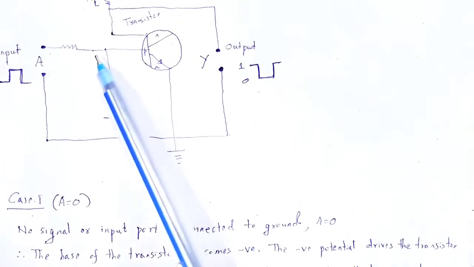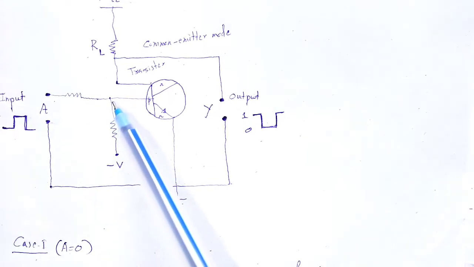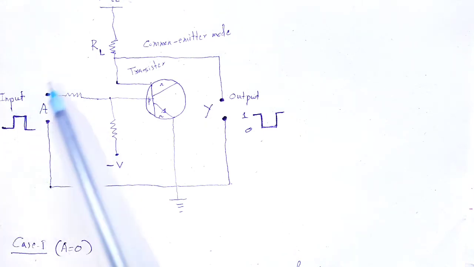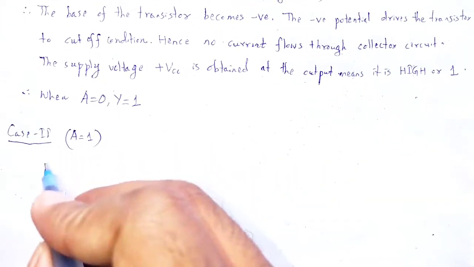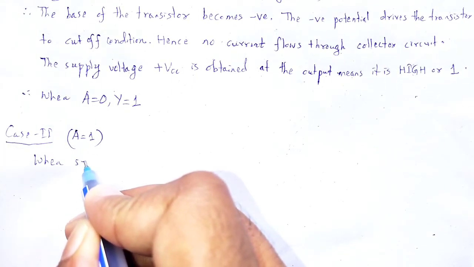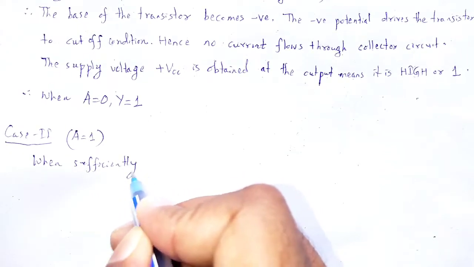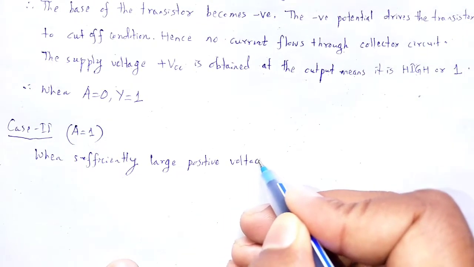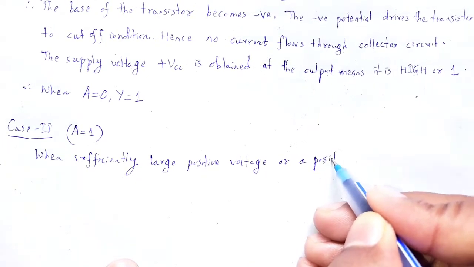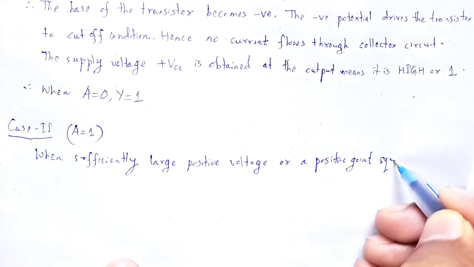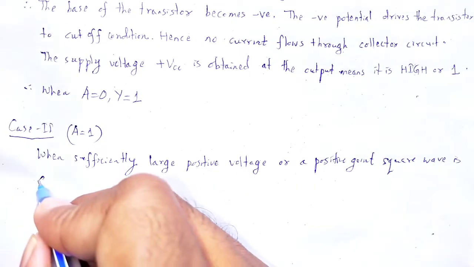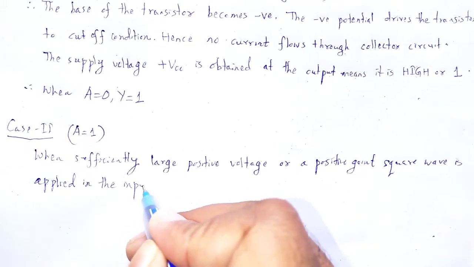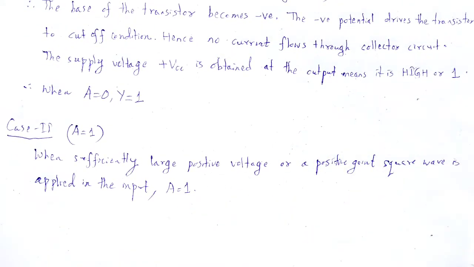When a sufficiently large positive voltage or positive going square wave is applied in the input section, here we assign A is equal to 1, as we say A is equal to 1 in binary notation.